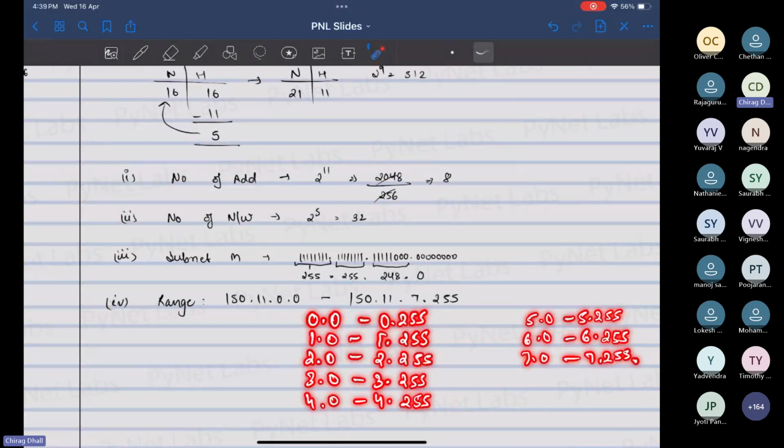If you count them, these are 8 in number. So together they bring 2048 addresses. Make sense?